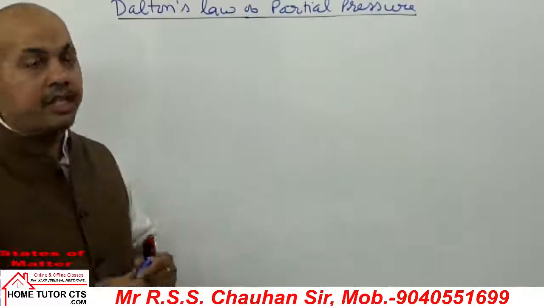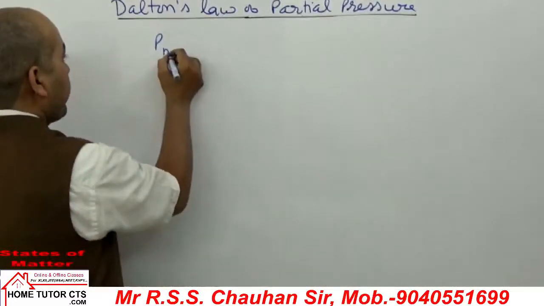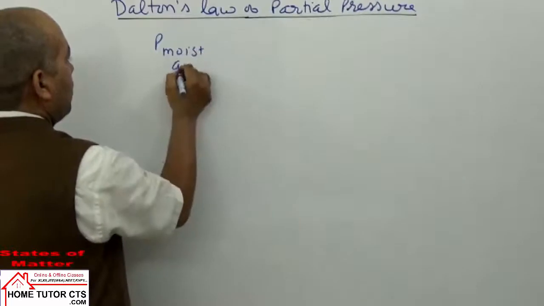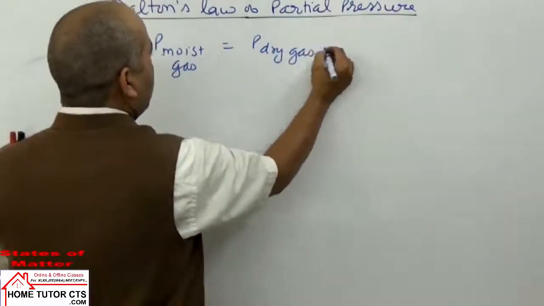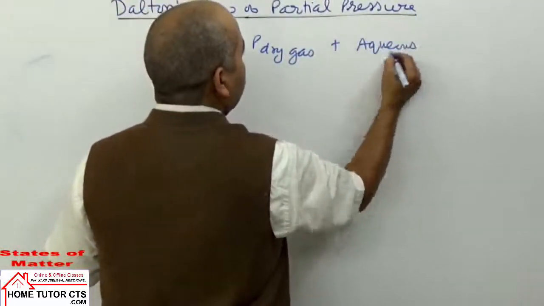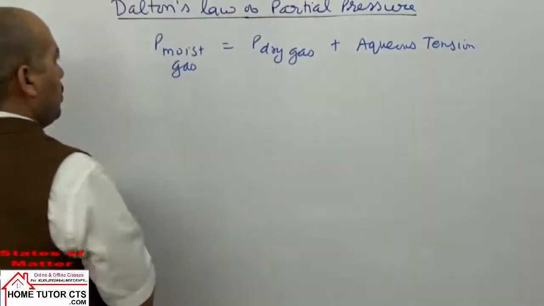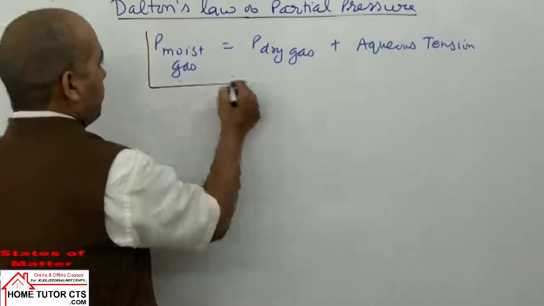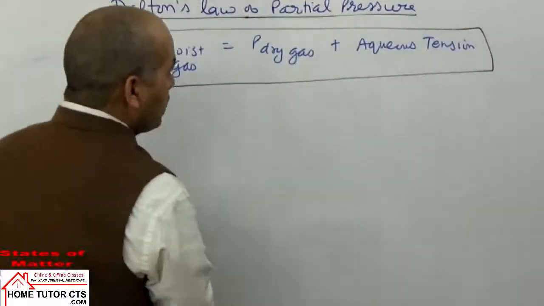Now coming to the relation here. What is the pressure of moist gas? I can write it first: it can be taken as pressure of dry gas plus aqueous tension. Now what is aqueous tension?